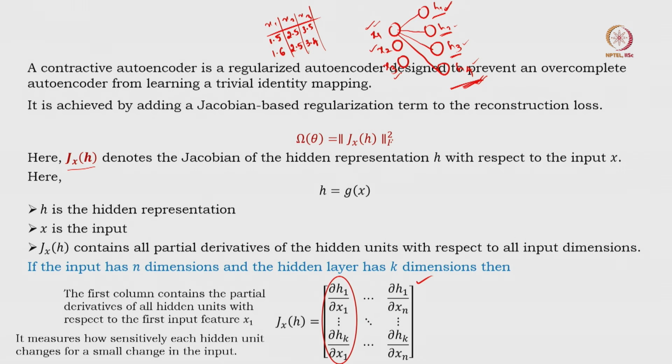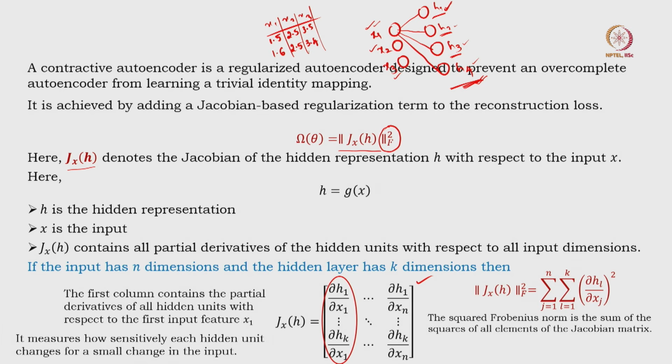All of these are captured in this matrix, and that matrix we call the Jacobian matrix. Now, in this Jacobian based regularization term, we have this concept also: the sum of squares of all the elements present in this Jacobian matrix. We call it the Frobenius norm.